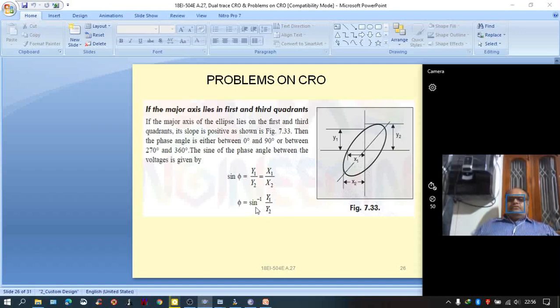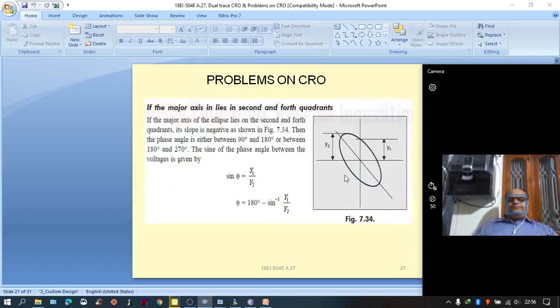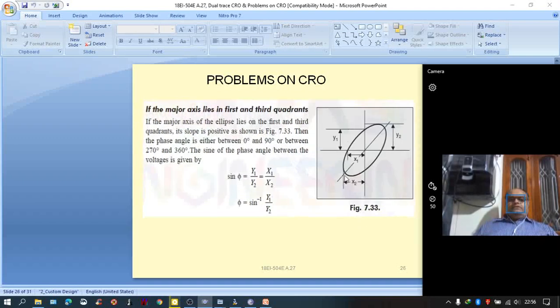So phi is equal to either sine inverse of x1 by x2 or sine inverse of y1 by y2, and the angle phi would be either within the first quadrant or in the third quadrant, that is between 0 and 90 degrees or 270 and 360 degrees.